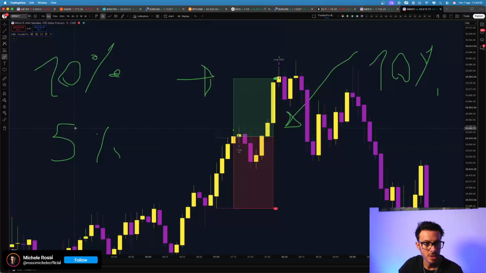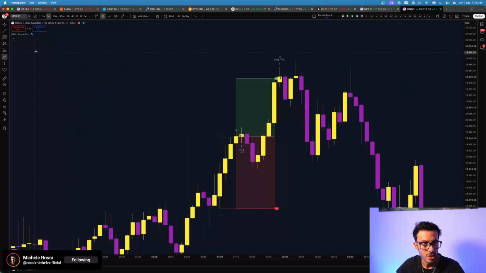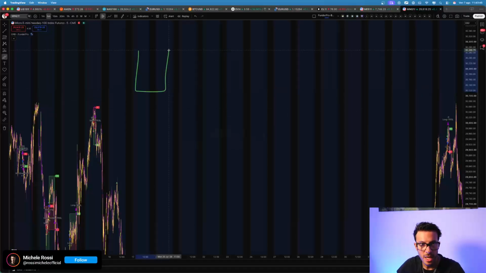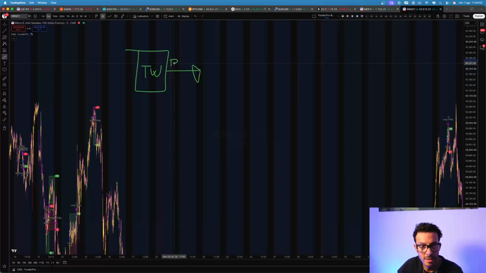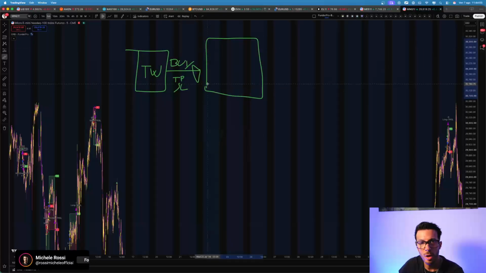Just to make it simple for you to understand, you have TradingView right here. TradingView is going to send a buy with a fixed take profit and stop loss. Then it goes to the cloud copier.